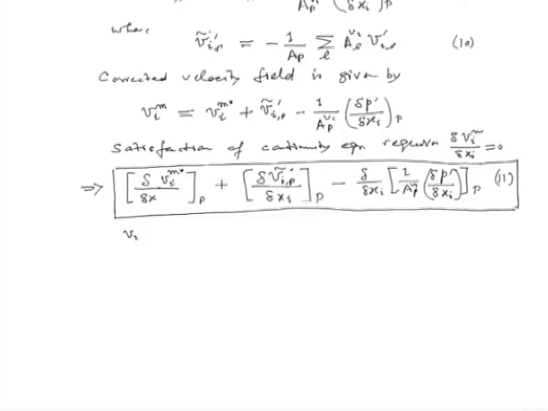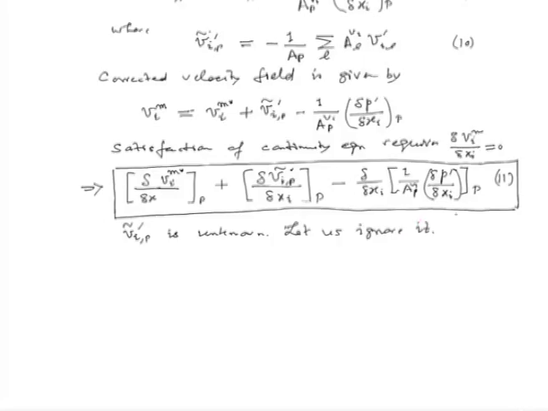One of the options which Patankar suggested was this: V_i p tilde prime is unknown, so as the first approximation, let us ignore it.